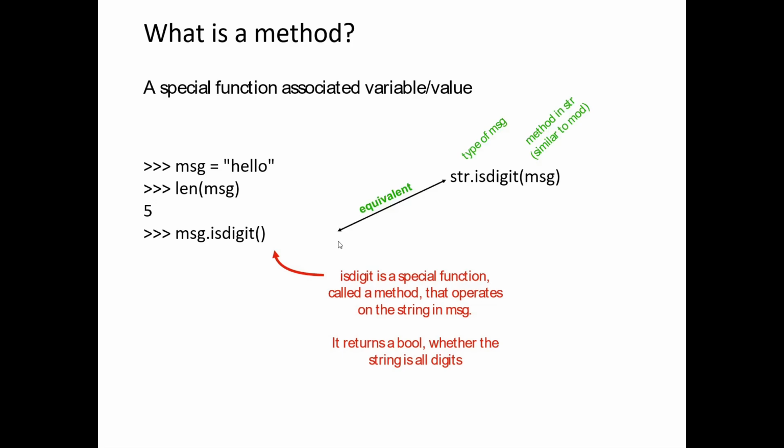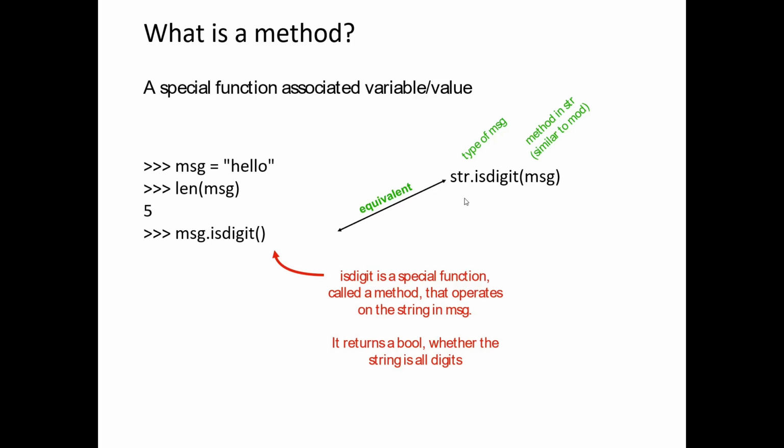Another way to think about this is we have a string module, and a member of that module is the isDigit function. And that's going to operate on strings. So we could put in the message right here. These are exactly equivalent ways of calling this. So just like we had the dog module, it was dog.bark, and then that printed out bark, bark, bark 20 times. This is an equivalent way to write this.